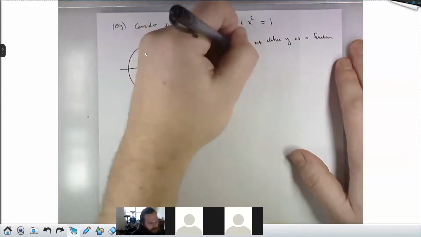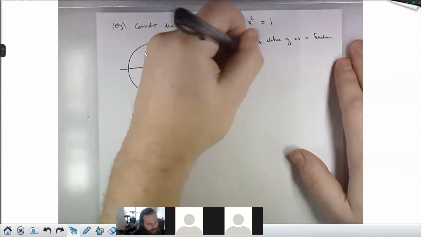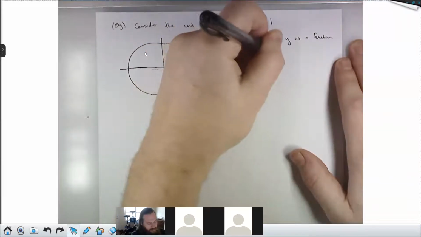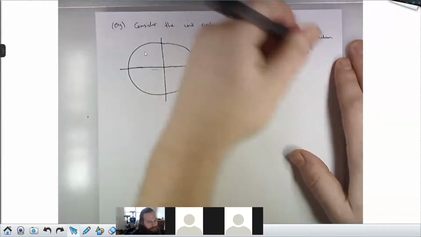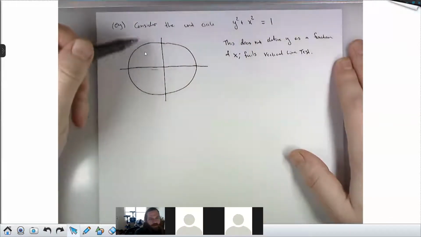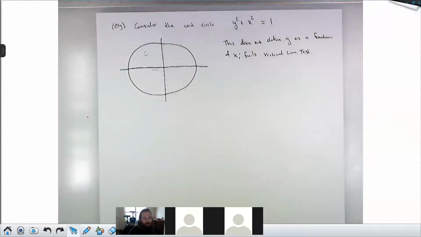It fails the vertical line test. If I drop any vertical line through here, it'll hit this thing more than once, which tells me this is not a function. But if I look at any little portion of it, like this portion, the little bit in the window here passes the vertical line test. So if I restrict my attention to any little portion, that little portion can be thought of as a function.